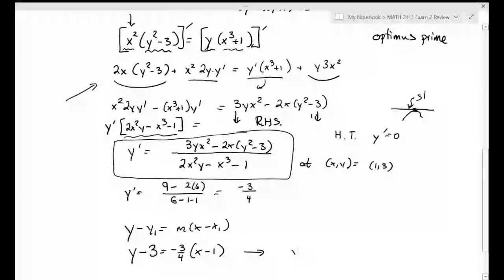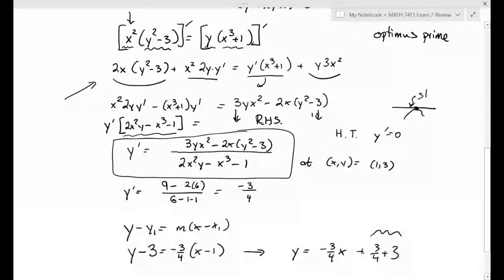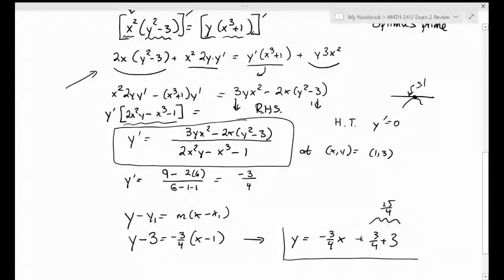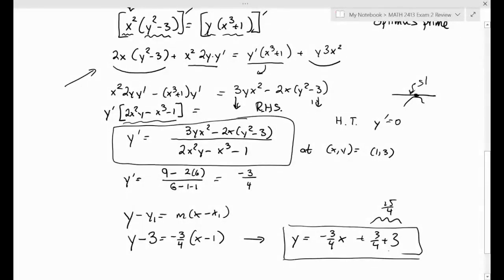If you must, rewrite that in slope intercept form if they ask. 15 over 4 if you want to simplify. Beautiful.